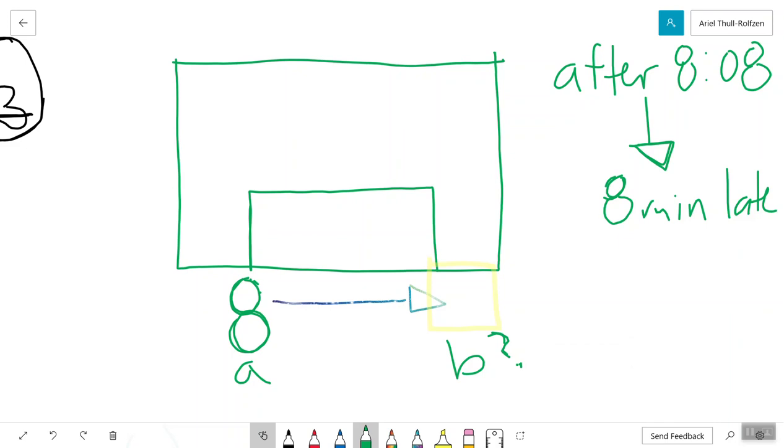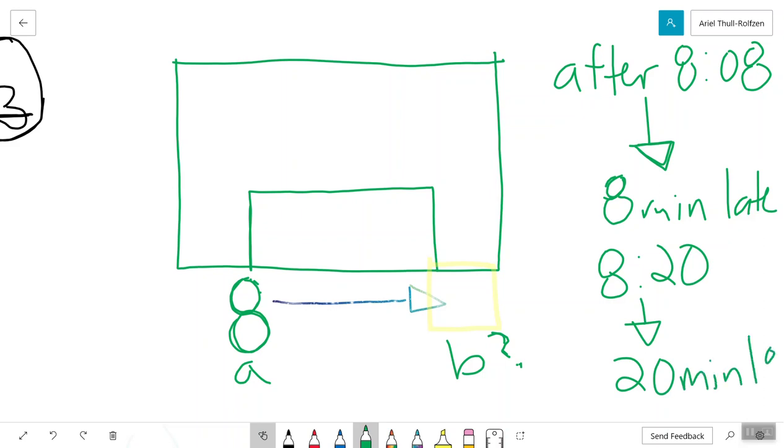That's the latest my rectangle can go. So I'm going to write 8:20 over here, and convert it to 20 minutes late. And I can put 20 here and say 20 is my B, because 20 is the latest time in my rectangle here.